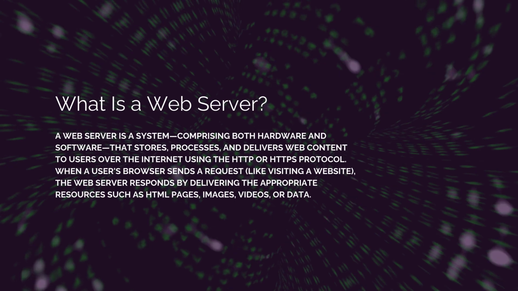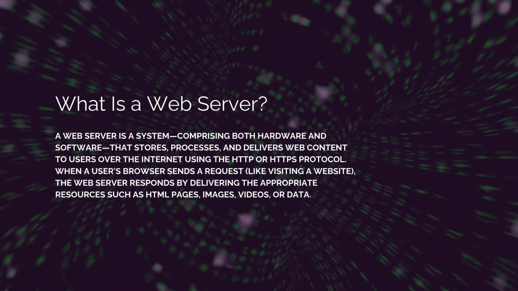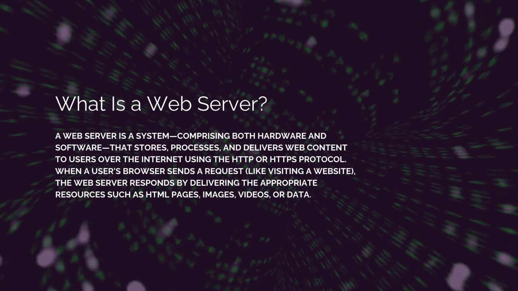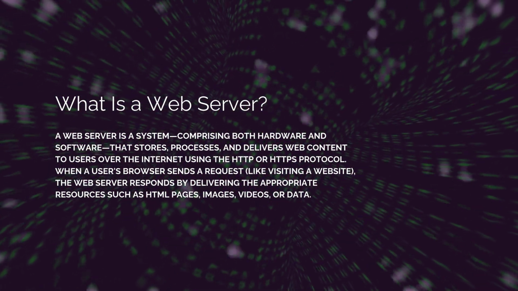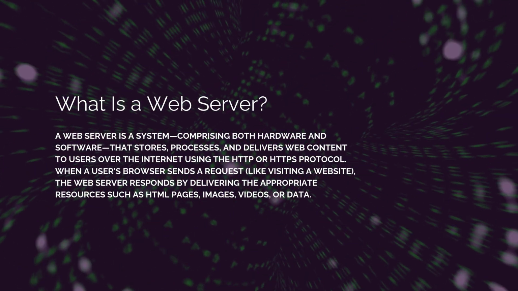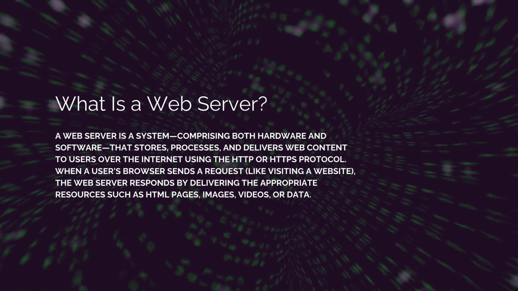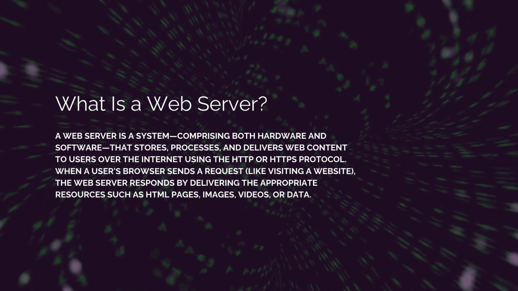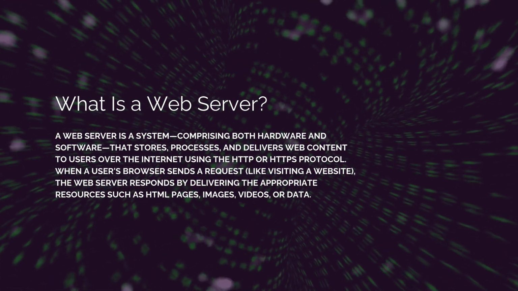PERN, which is PostgreSQL, Express.js, React, and Node.js. WAMP, where you're using Windows, Apache, MySQL, and PHP. And then XAMPP, which is cross-platform, using Apache, MariaDB, MySQL, PHP, and Perl.